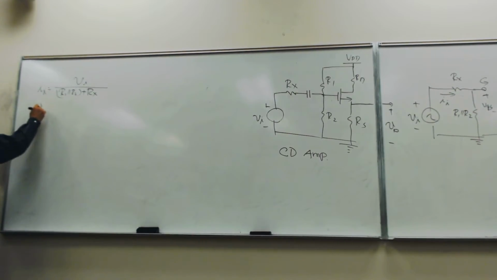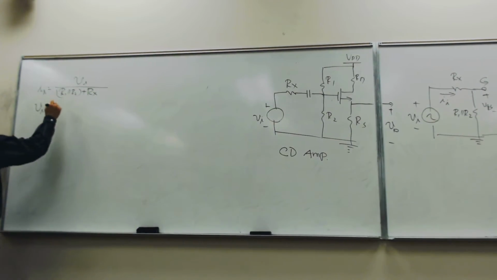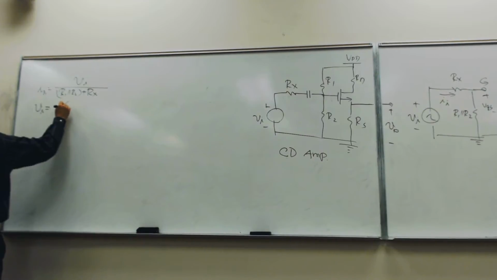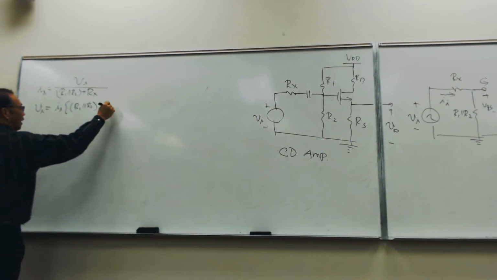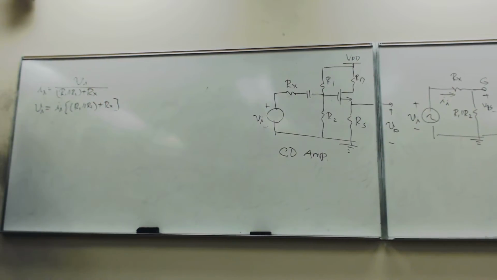So therefore, V sub I can be expressed as a function of I sub I, right? I sub I times R1 in parallel with R2 plus R sub X. So now the question is, what is the relationship between this I sub I and the VGS?